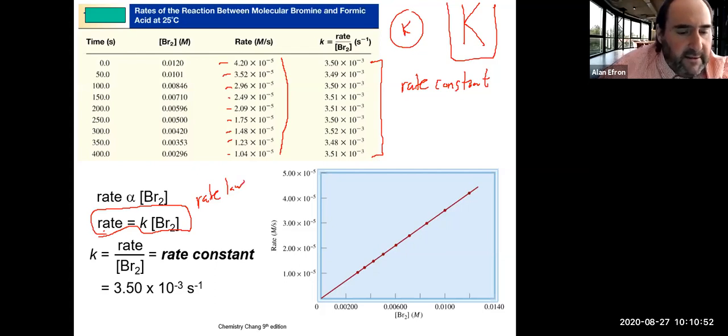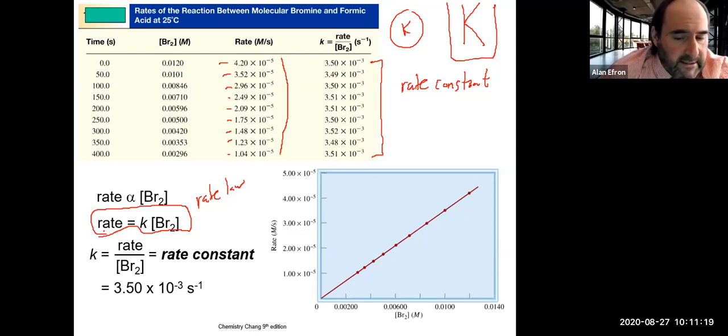And the rate constant, like it sounds, is a constant value for a particular reaction. It is going to be the same as long as you don't change things like temperature. You'll get the same rate constant. So you can see in this particular reaction, it's hovering somewhere around 3.5 times 10 to the minus 3, it looks like.